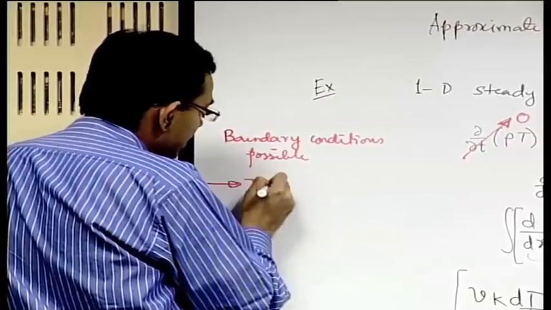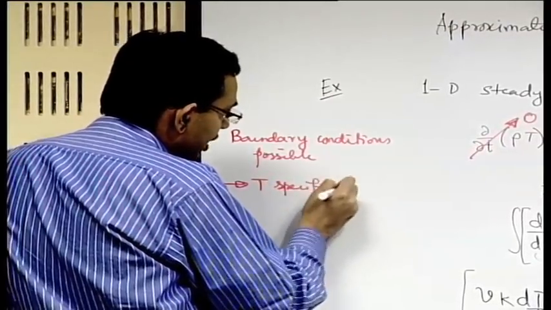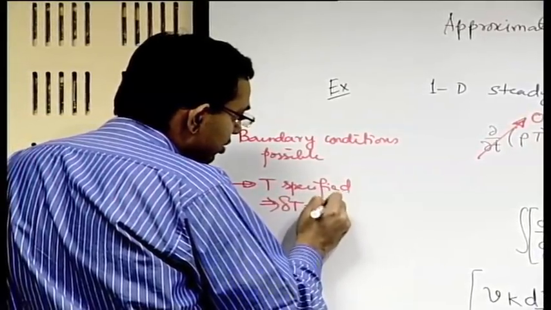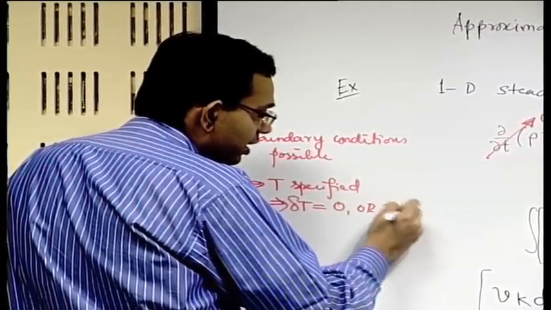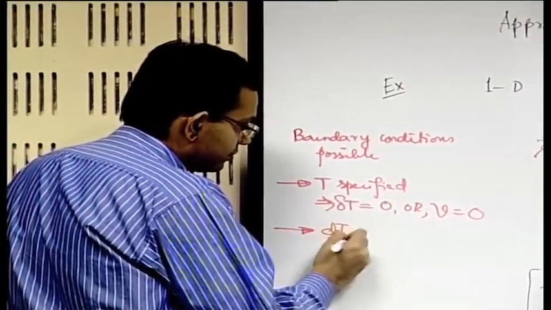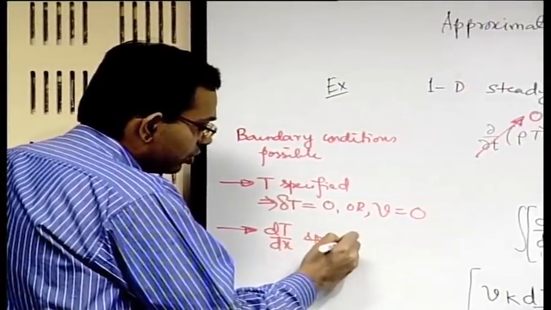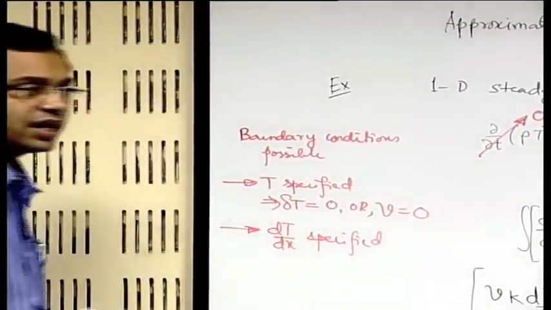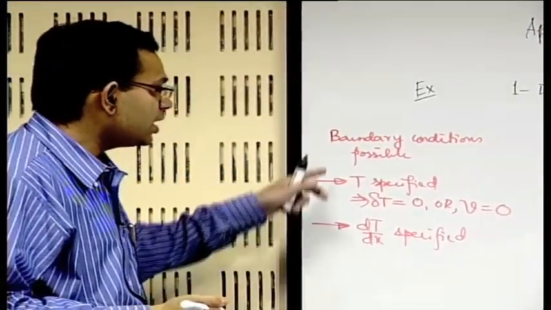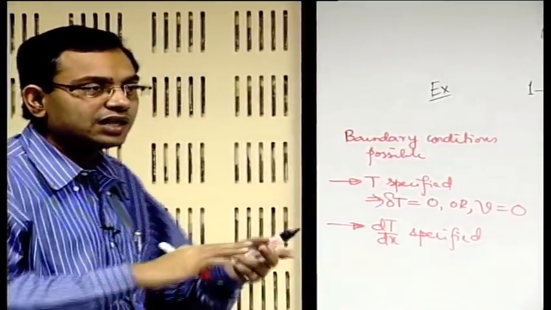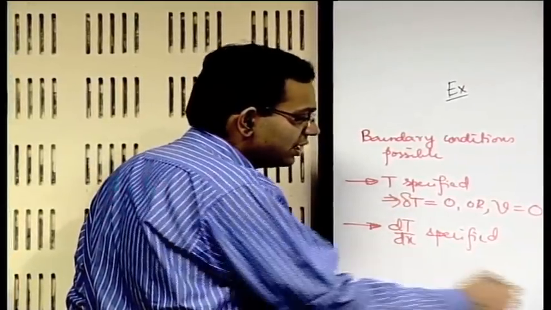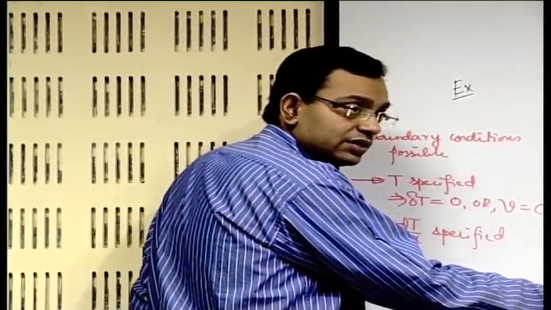If T is specified, that will imply that delta T is equal to 0 or v equal to 0. You could have dT dx specified, of course not both simultaneously, either T specified or dT dx specified, or a third, a mixed type of boundary condition which is a combination of these. If dT dx is specified, then you can substitute that here.